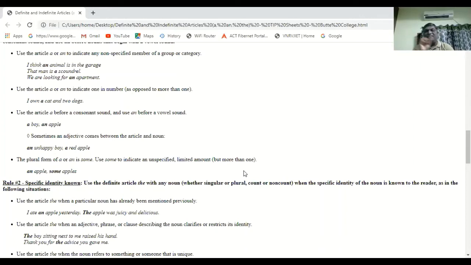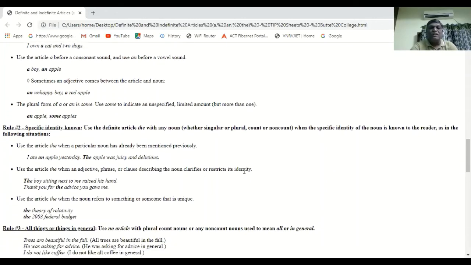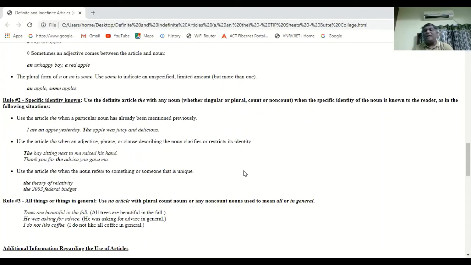Actually apple takes an, but the immediate word is red. That's why a red apple. So this is very important. Suppose you are using plural, for example, red apples, then the red apples, some apples, the apples. If you are using plural, there is no problem.